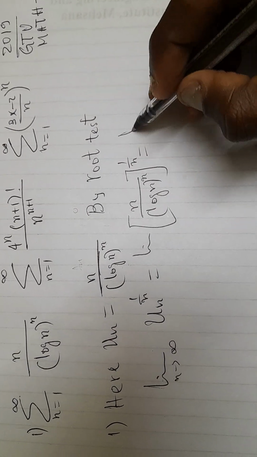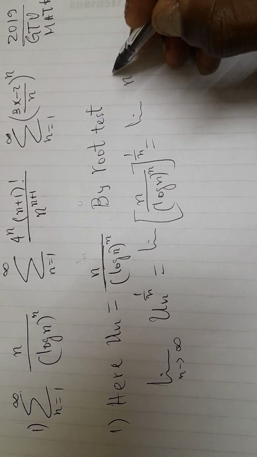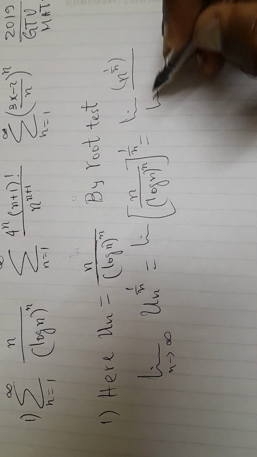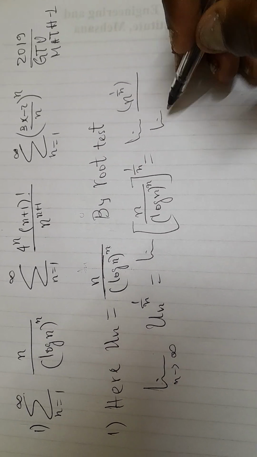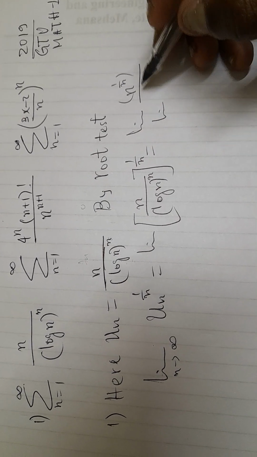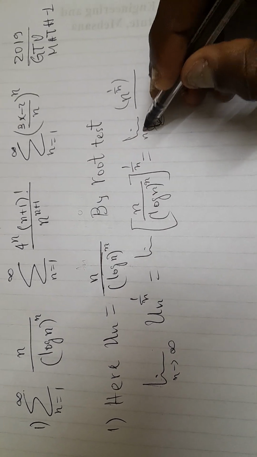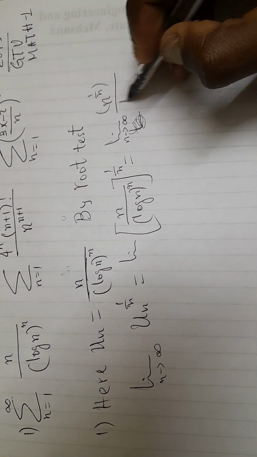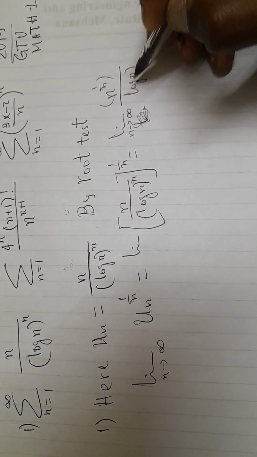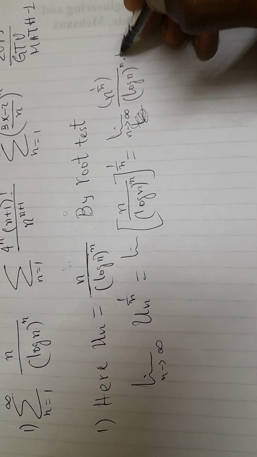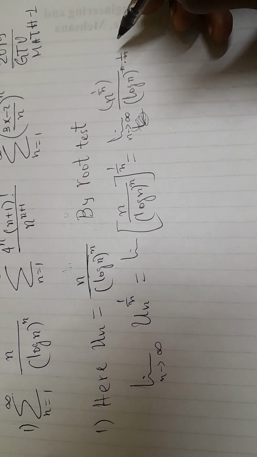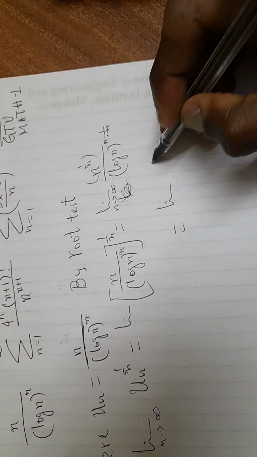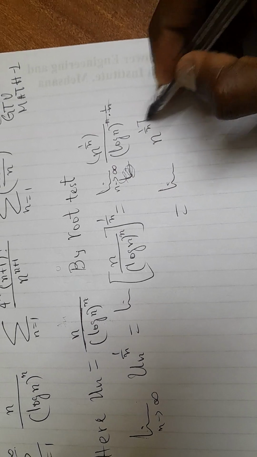You can write the limit of n to the power 1 upon n on top and the limit of log of n to the power n times 1 upon n below. The powers cancel out, so you end up with the limit of 1 upon log of n.